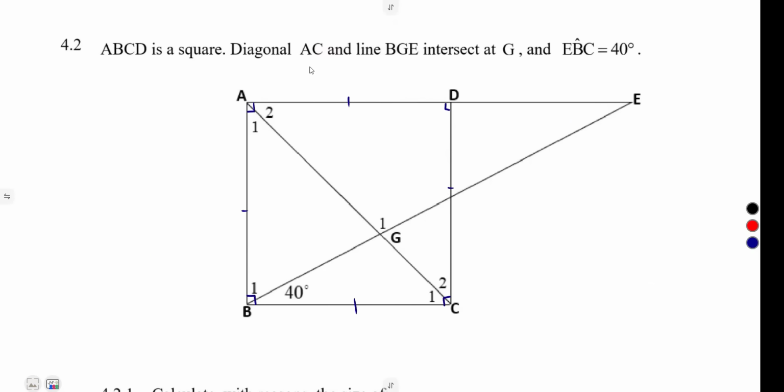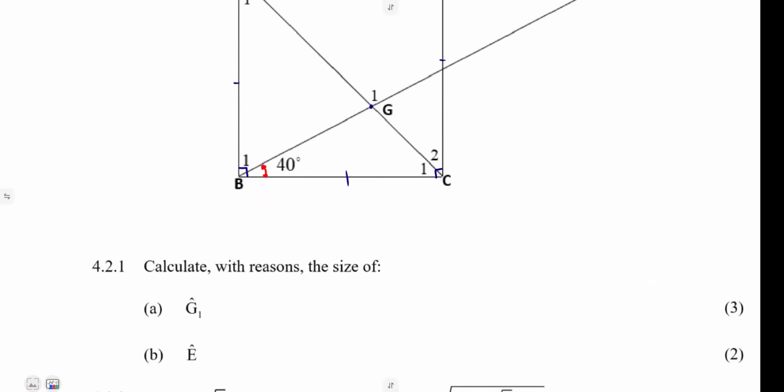And we're given that diagonal AC and this line BGE intersect at G. Angle EBC is 40 degrees. This one is 40 degrees. That is what you're given, guys.